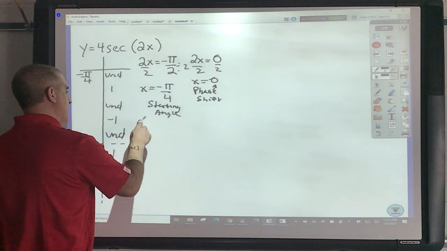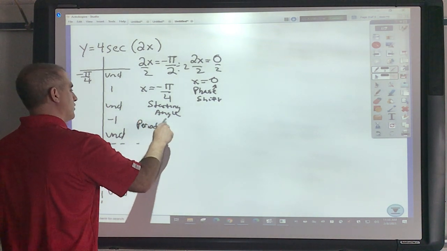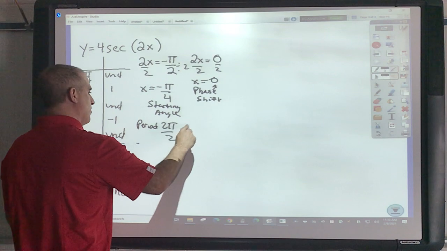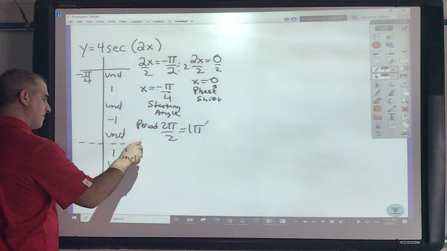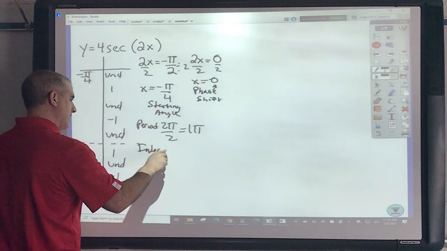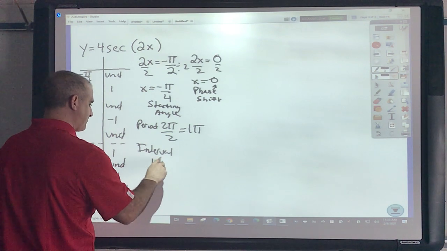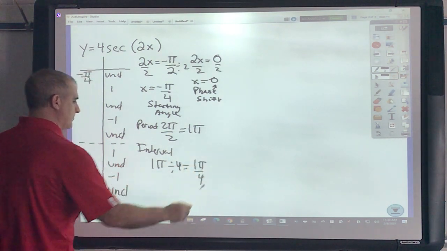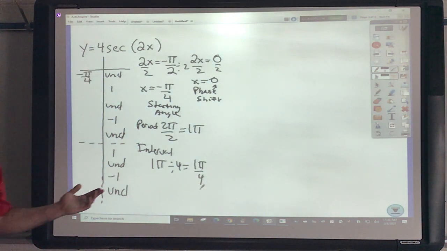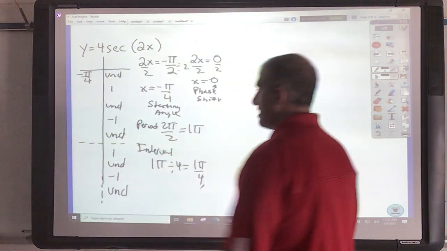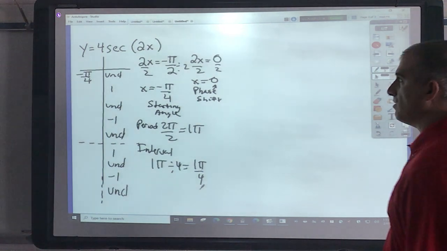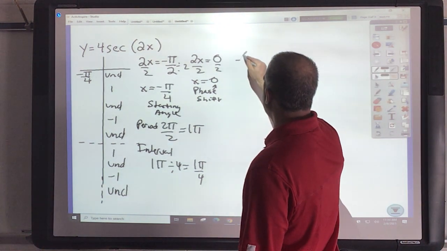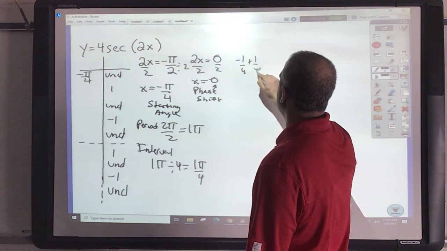Now, I need to figure out my period. The period of the function is 2 pi divided by 2, which would be 1 pi. To figure out my interval, nothing changes. Take the period of 1 pi and divide by 4, which would be 1 pi over 4. Now, I'm going to do some fraction adding, like I did before, to come up with my angles. So I got -1/4 plus 1/4 would be 0.